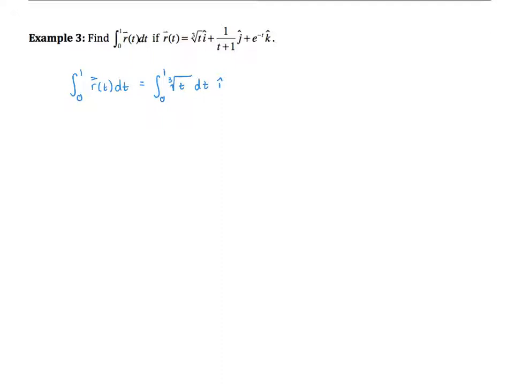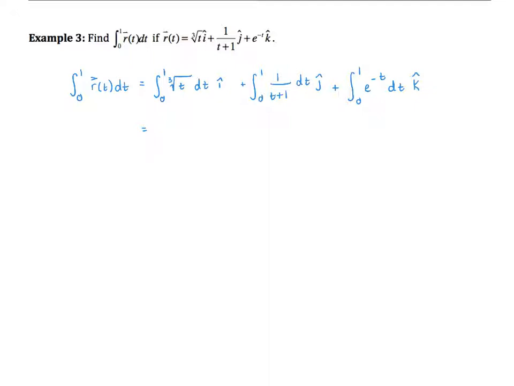So it's the integral of that number times i hat, plus the integral of this piece, do not forget your dt's, times j hat, plus the integral of this bit times k hat. Fantastic.